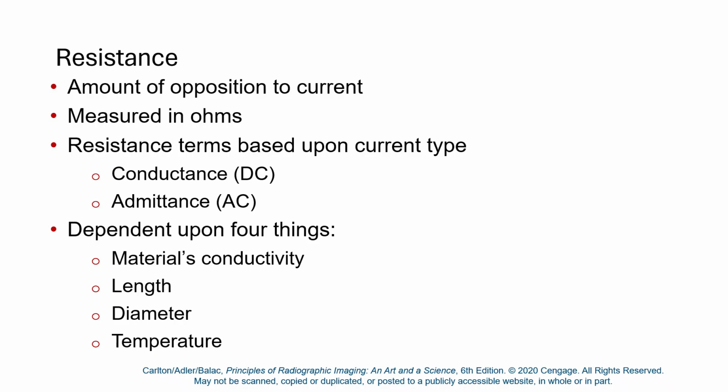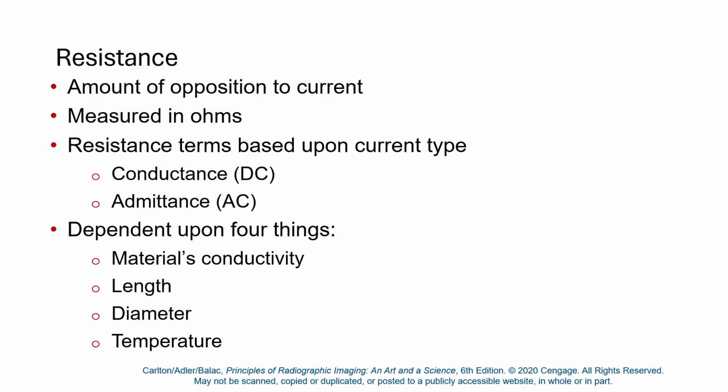Okay. And they're also going to steal some of the energy from those flowing electrons and slow them down. And so resistance is thought of as a property of the material. It's an opposition to the current, but it doesn't have a vector. It doesn't have a direction. It's a scalar quantity.